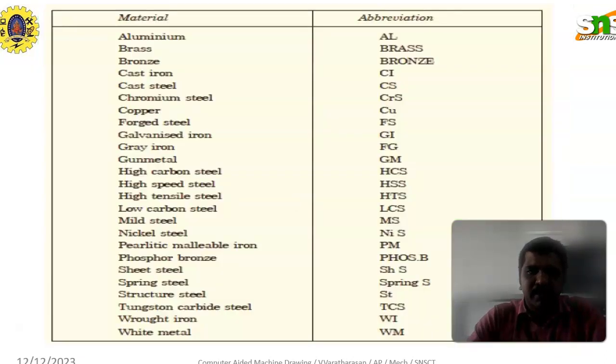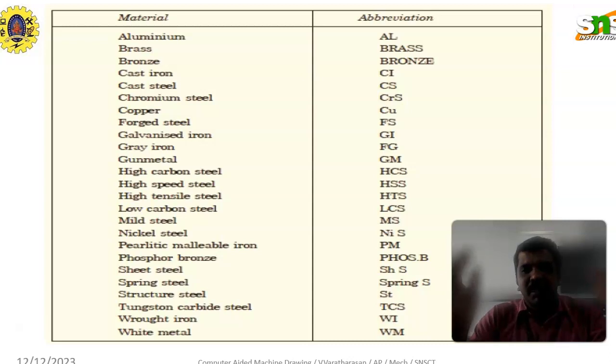Likewise, abbreviations also exist for materials. We already saw that aluminium is AL. Likewise brass, bronze, cast iron, cast steel. The diagram is a representation of the product, and in which material the product is manufactured is very important information.